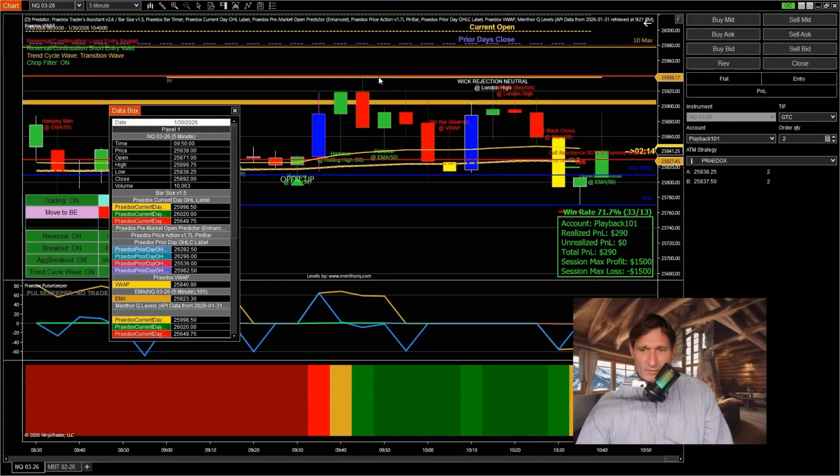You could do this with options as well on QQQ or SPX. Instead of taking the futures trade, you could take this on a 0 DTE option potentially, because you're getting in and out so quickly, within half an hour to an hour. You could definitely use 0 DTEs, especially around this time frame.